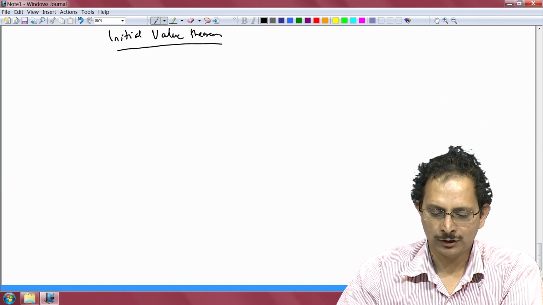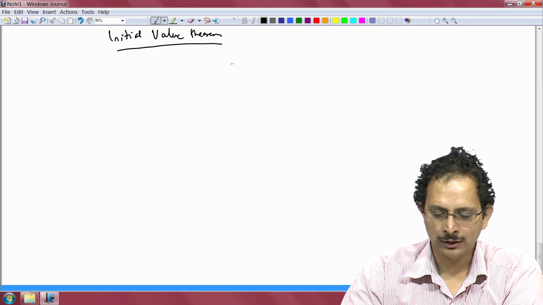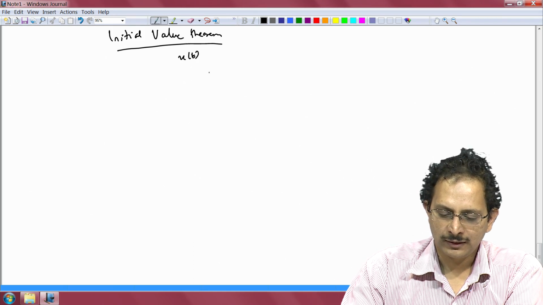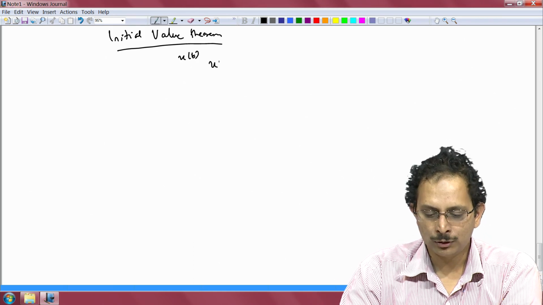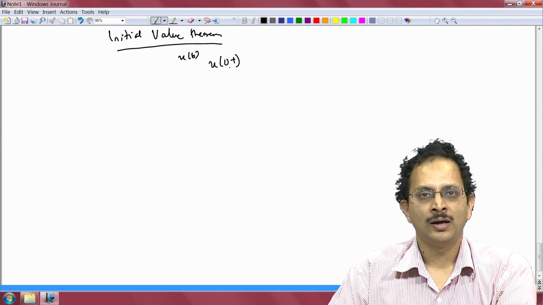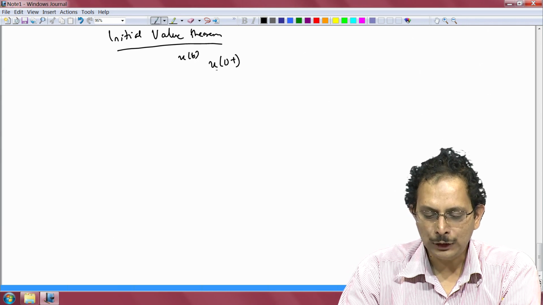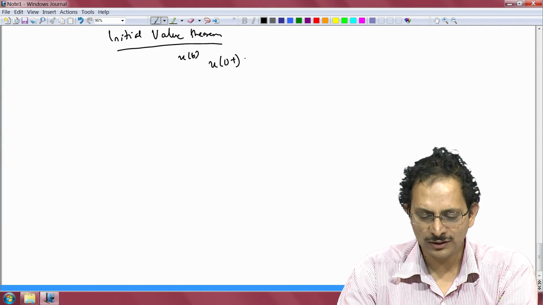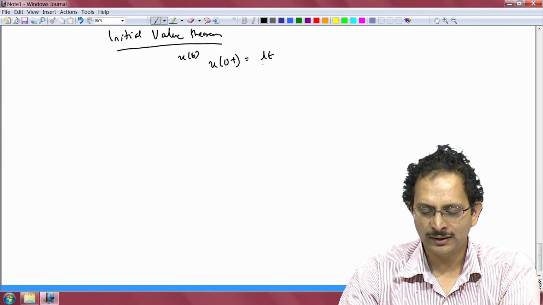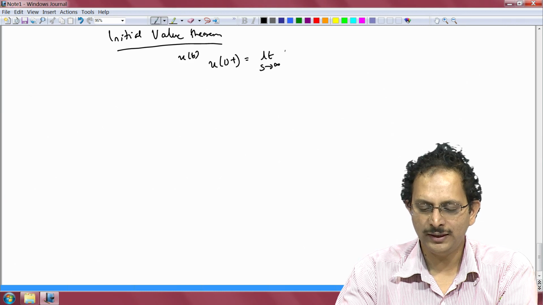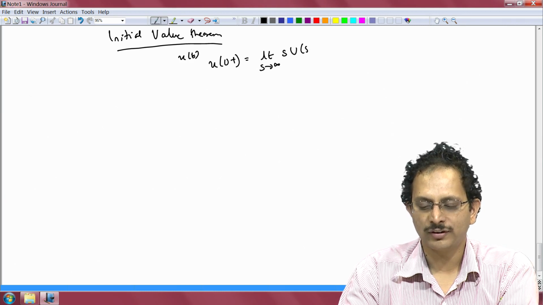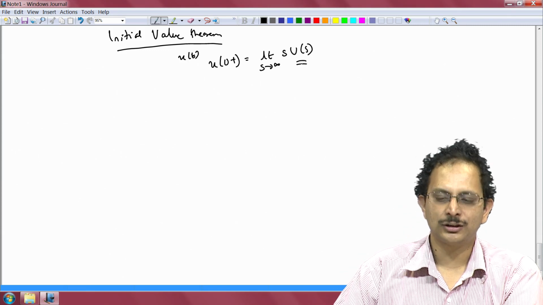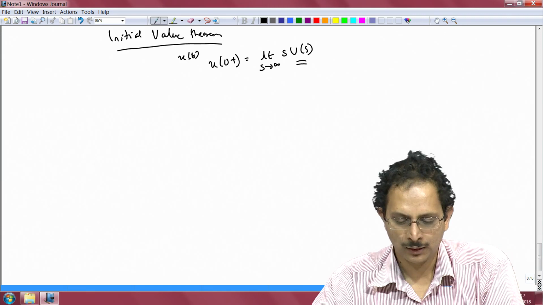So, the initial value theorem states that if I have a signal u(t), then in the vicinity of time t equal to 0, that is u(0+), the value of the signal at time t equal to 0+ is equal to the limit as s tends to infinity of s times U(s), where capital U(s) is the Laplace transform of the signal u(t).